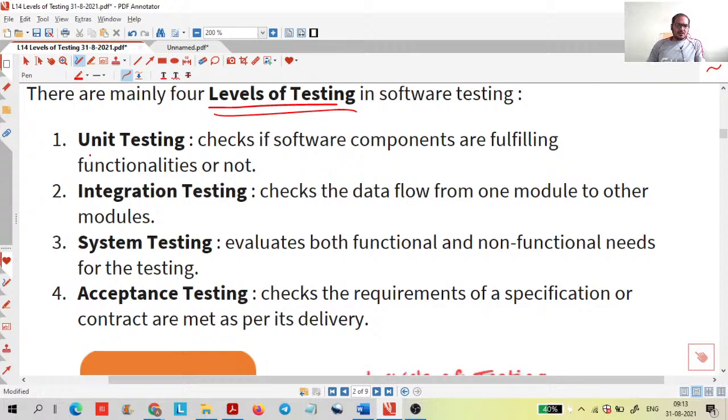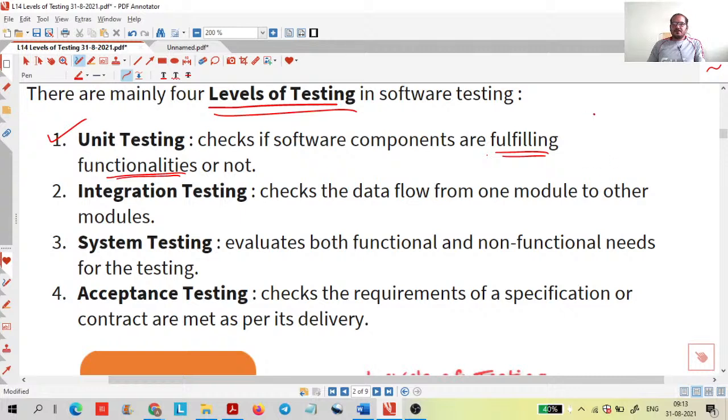The first level is unit testing, which checks if the software components are fulfilling the functionality or not. Unit testing means the particular individual software component, whether it is fulfilling the functionality or not.